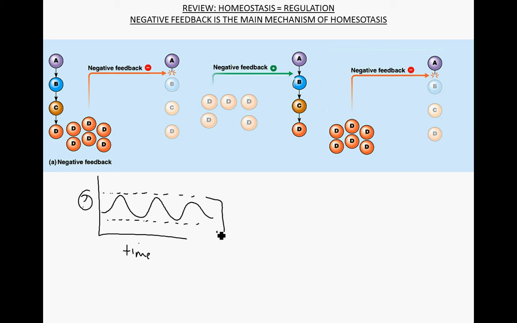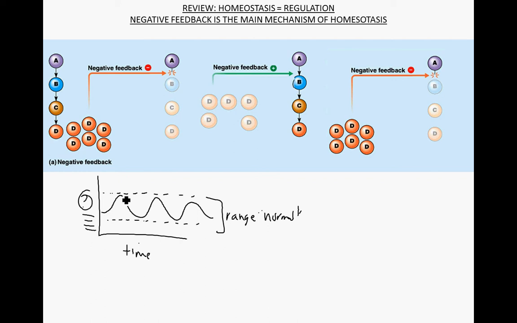This range is what we define as being normal. This could be rates, concentrations, values, temperature, whatever. You're going to have this fluctuation from low to high.